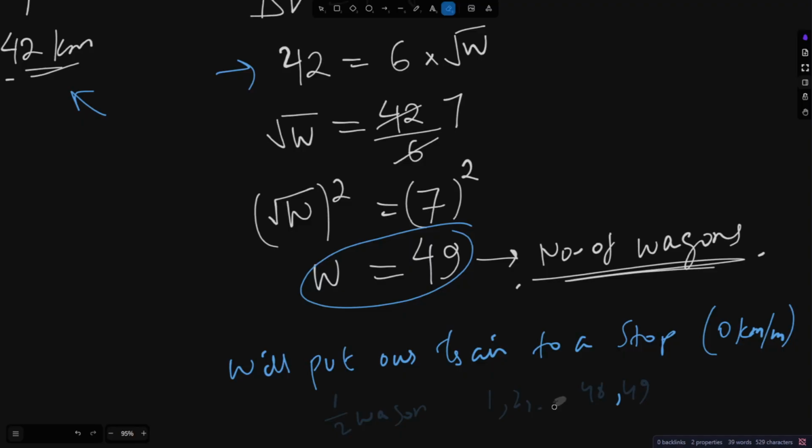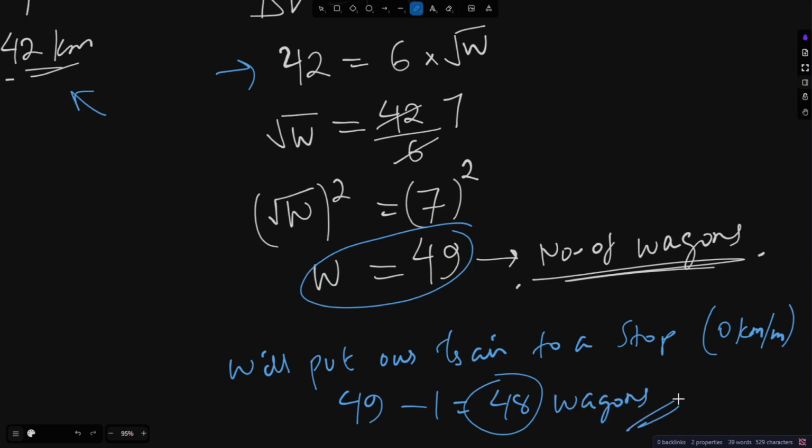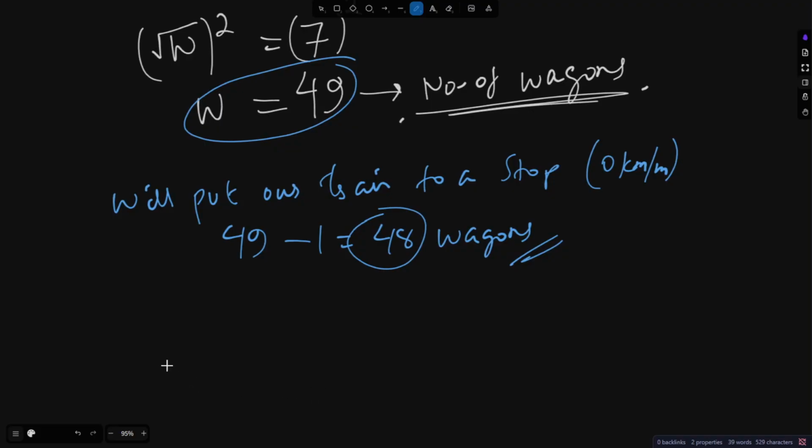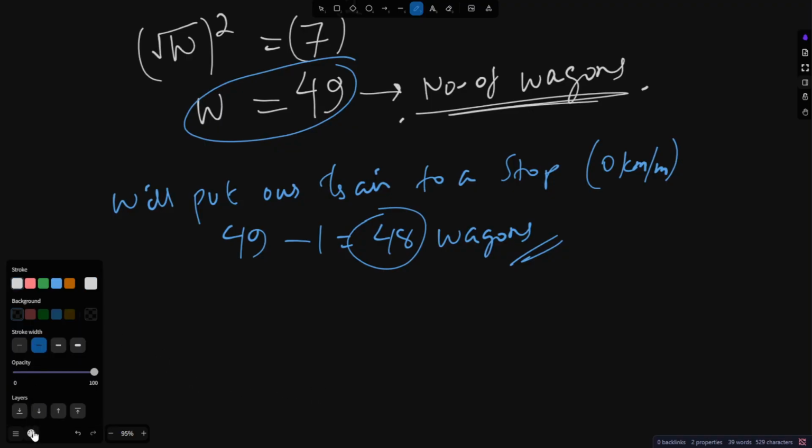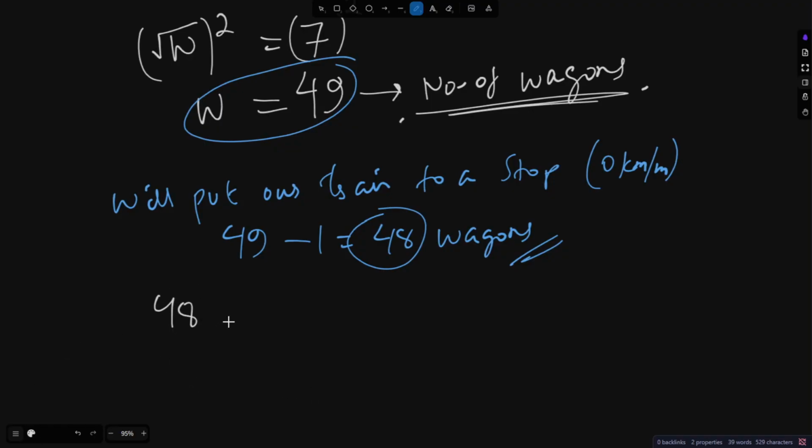So logically speaking, if 49 puts our train at 0 speed, it means that 49 minus 1, 48 wagons, is the limit that our train can pull. Our train can pull 48 wagons before it comes to a stop.